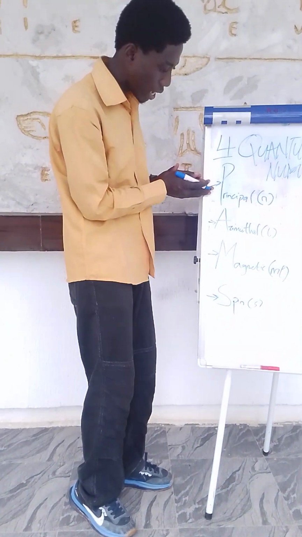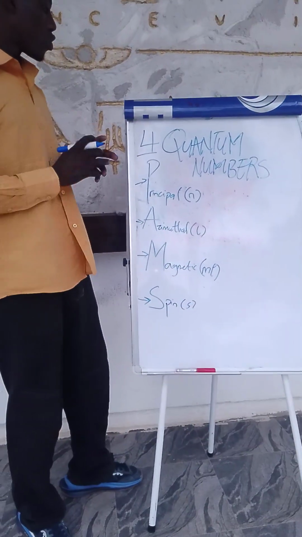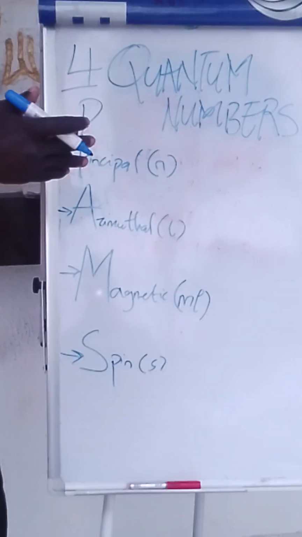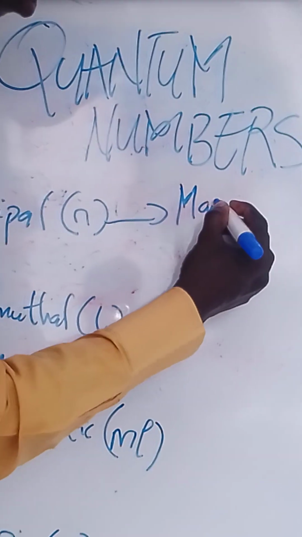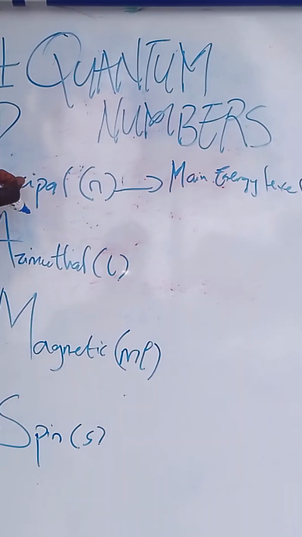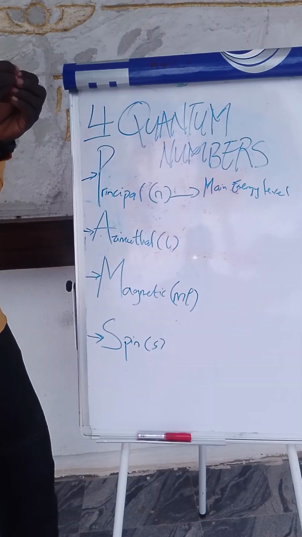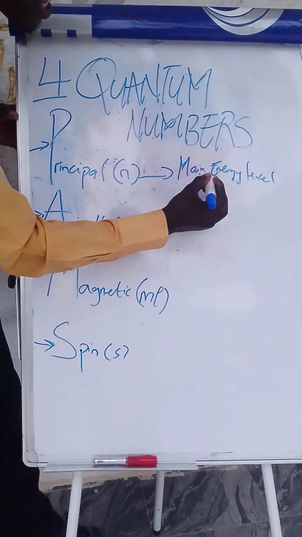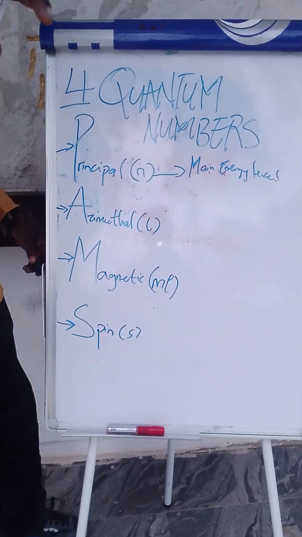Now let's understand them one after the other. The principal describes the main energy level. The principal and azimuthal both describe energy levels, but the principal describes the main energy level, while the azimuthal describes the energy sub-levels.